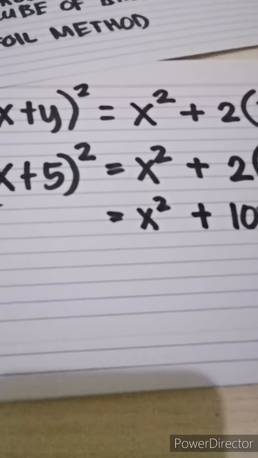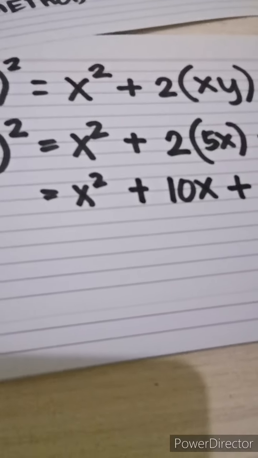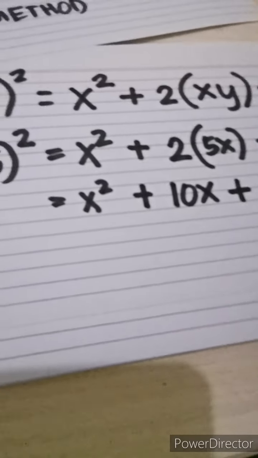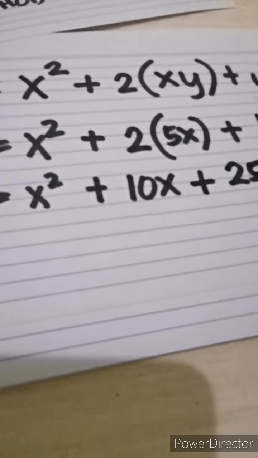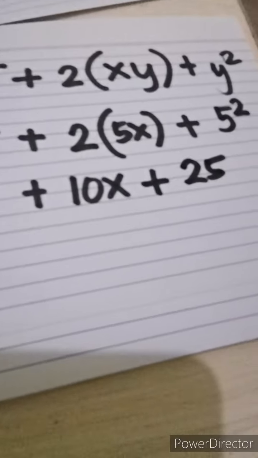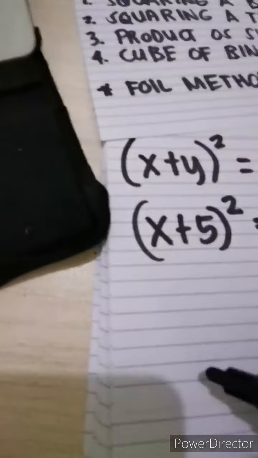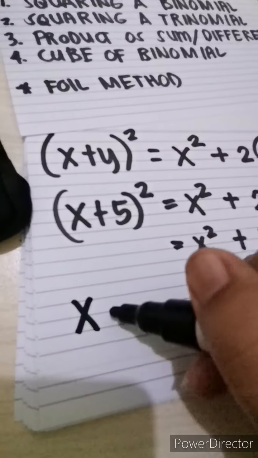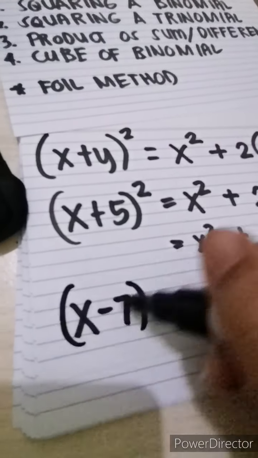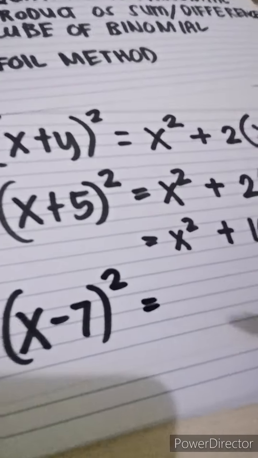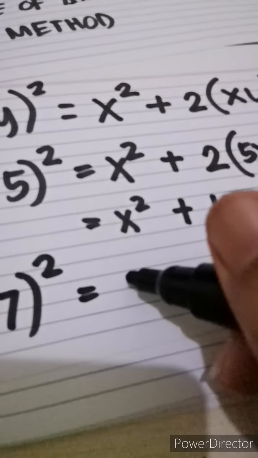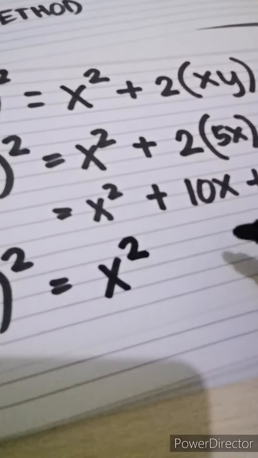Again, the first thing to do is square the first term, multiply the two terms, then times 2, always times 2 because we are squaring, and then square the last term. Another example, let me give you a negative number. We have (x minus 7) squared. First, square the first term, so we have x squared.